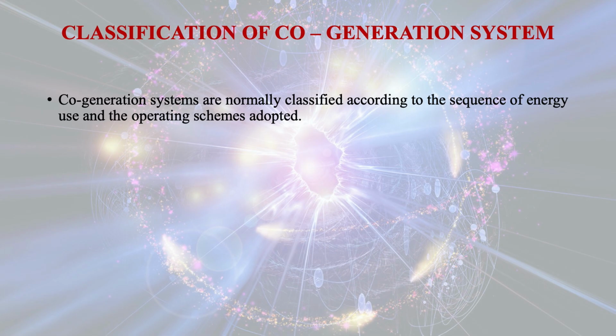And 4 to 5 is the process which is going on in the condenser, and 5 to 6 is the pump work by the pump 1, 7 to 8 is the pump work by the pump 2, and 9 to 10 is the pump work by the pump 3.